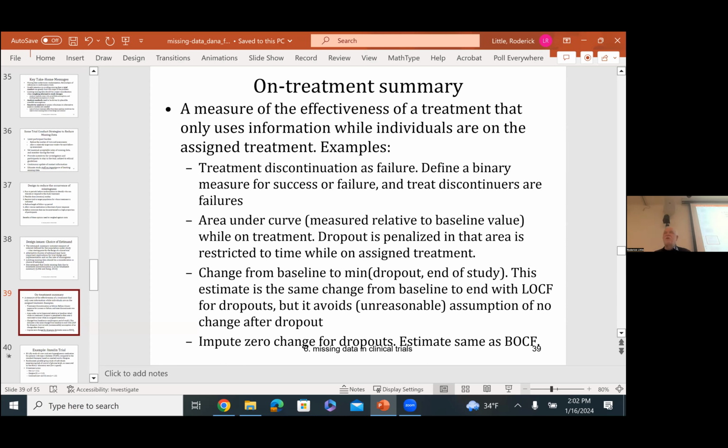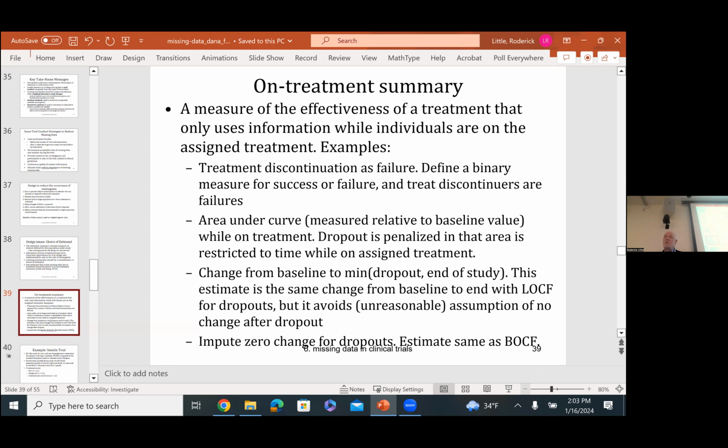So try to define something without saying what would have happened if they hadn't gone off the treatment. Because then you have to decide, well, under what treatment? Under the same treatment, even though the treatment has side effects? Or is it under the rescue treatment, in which case are you really talking about the effect of the drug? So I think there are a lot of problems with trying to impute what happens when people go off a treatment.